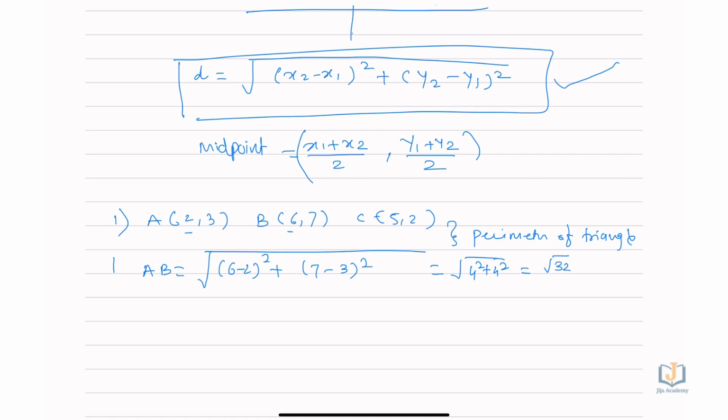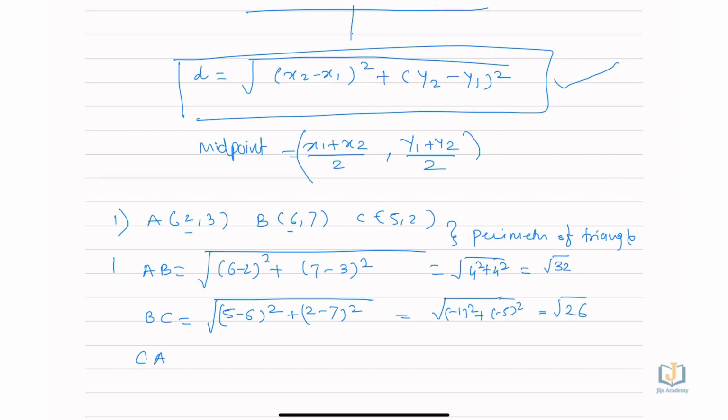So after that, BC is equal to square root of (5 minus 6) square plus (2 minus 7) square is equal to (minus 1) square plus (minus 5) square is equal to under root 26.